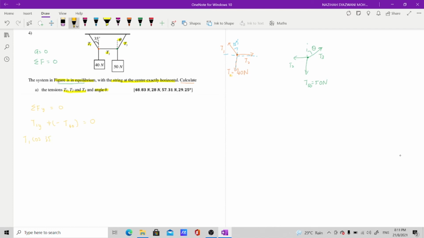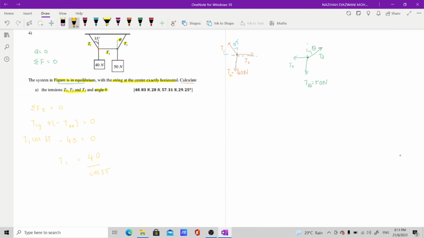Why do I use cos? Because the angle is in between the y component and the vector T1. So minus 40 Newton. So we have T1 equals 40 over cos 35.